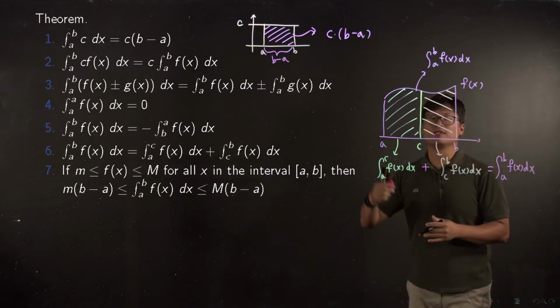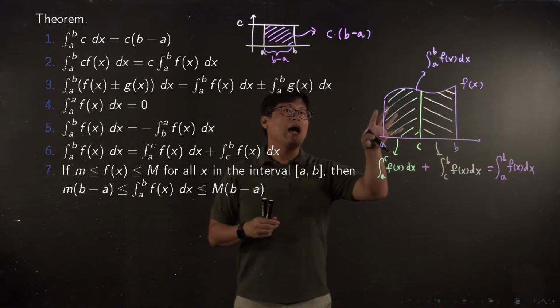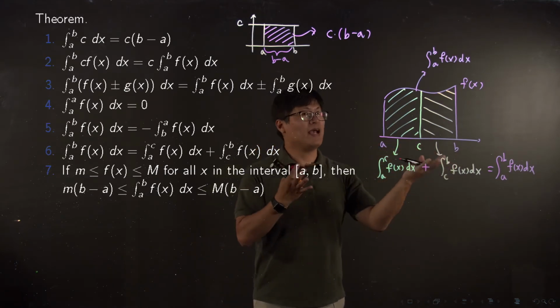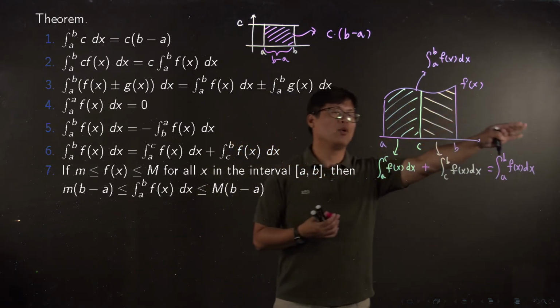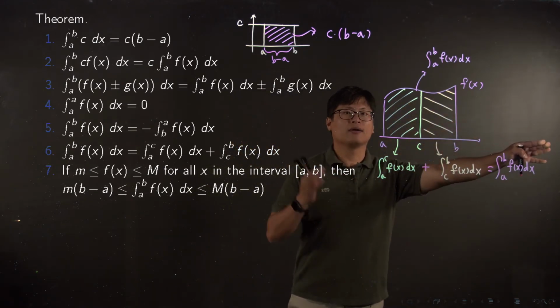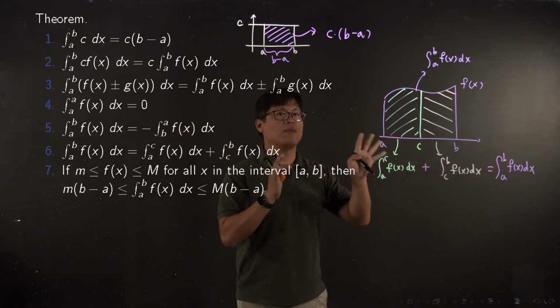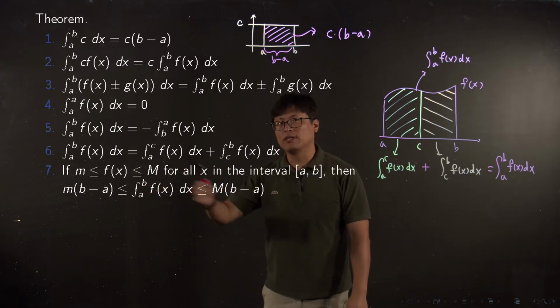This is the meaning of number 6. Another interesting thing: in this figure I said point c is between a and b, but it actually doesn't matter. Your c could be out there or out there, and because of property number 5, the same property works for that situation as well.